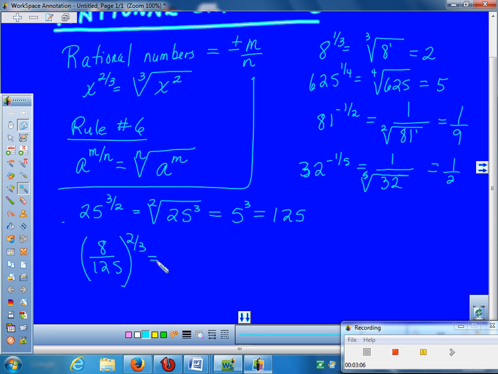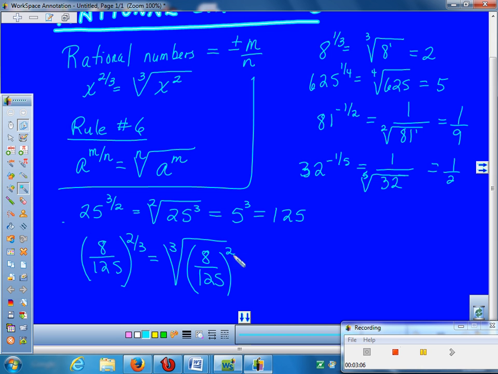Yep, perfectly legal. Not a problem. Okay. So what kind of a root is it in? The bottom number goes on the outside. And so then I would have my fraction of 8 over 125, but what do I do with that 2? The whole thing is supposed to be squared.